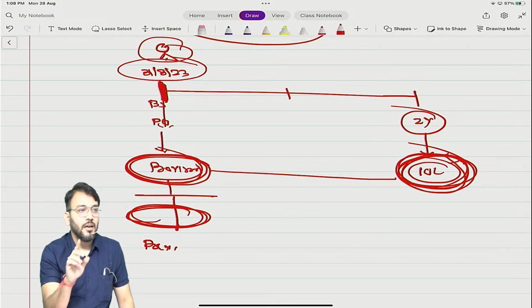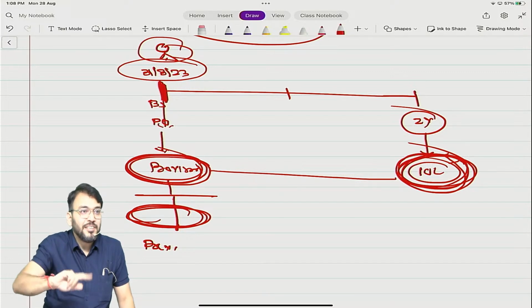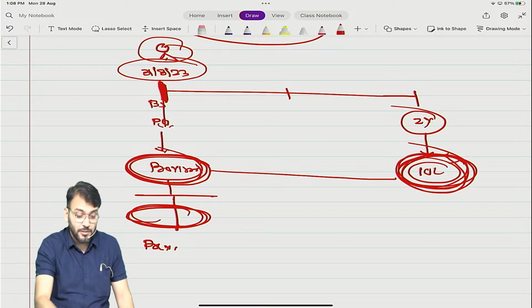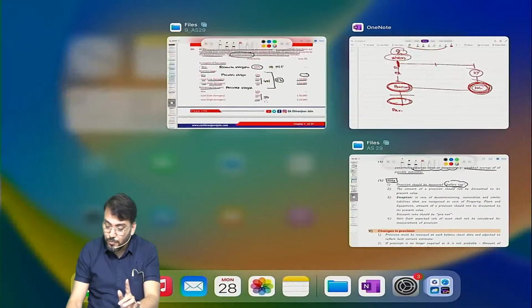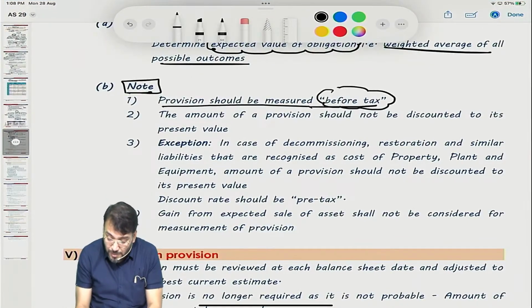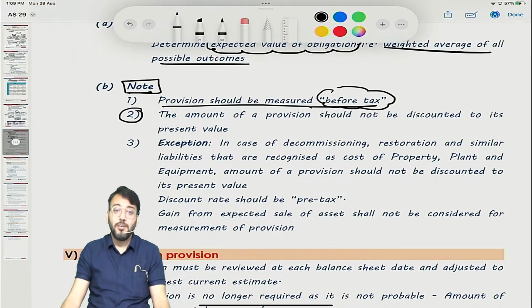Correct? Understood? I already said, don't read any points before me. Because if you are reading, you will not concentrate on my teaching. So don't read anything before me. To explain this point, I have done so much explanation.